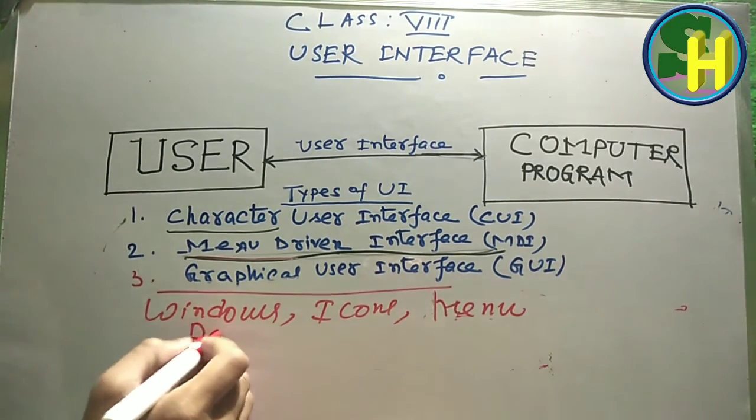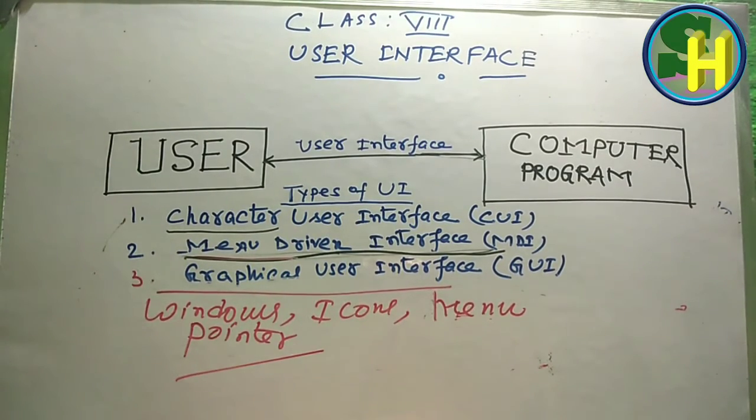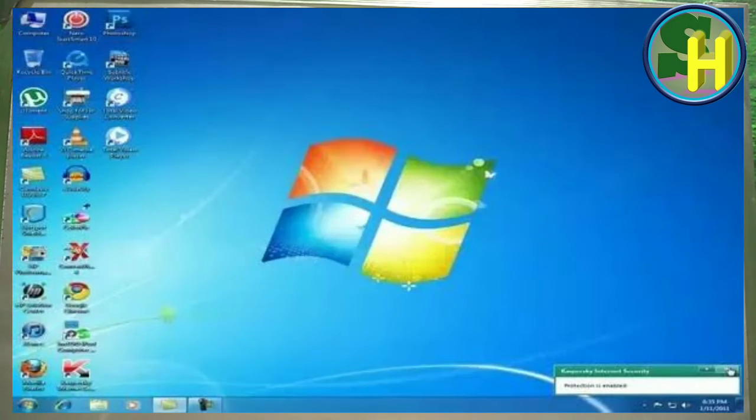Next is pointer. You just look on the screen. This is a window. Under the window, you can see different types of icons, maybe My Computer, maybe Recycle Bin, maybe Control Panel. There are different types of menus and different types of icons.